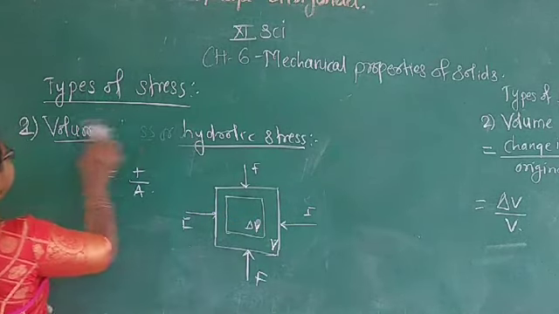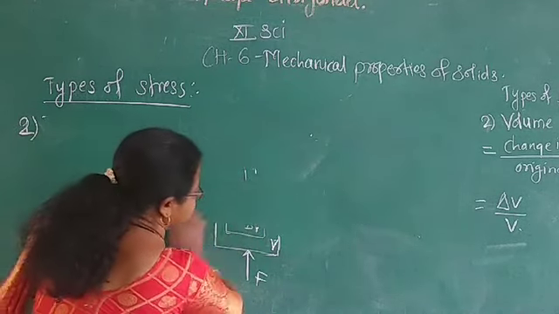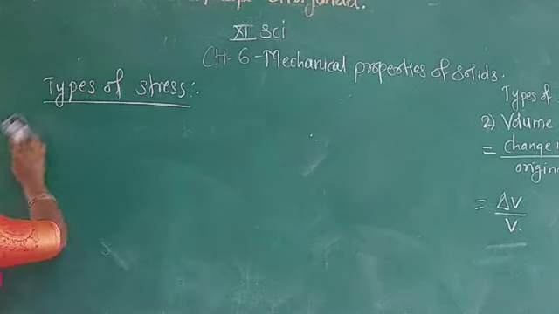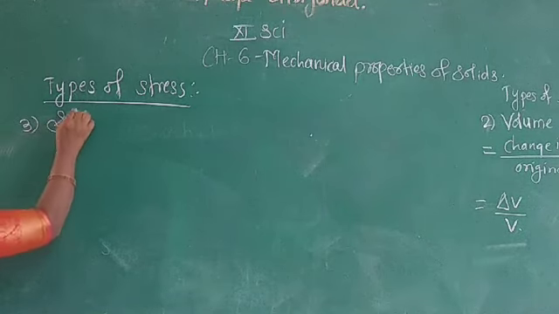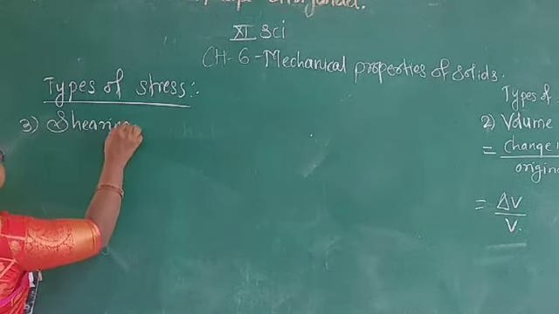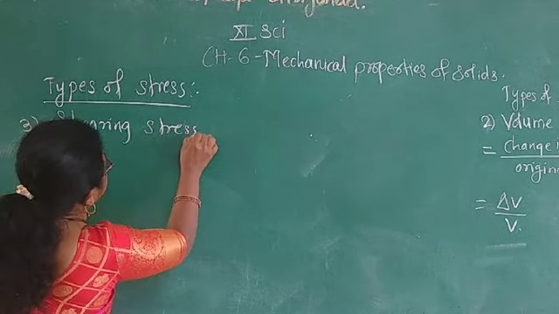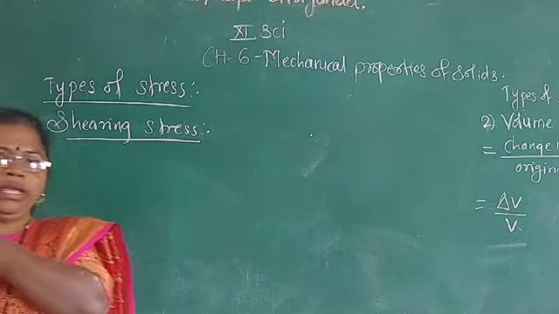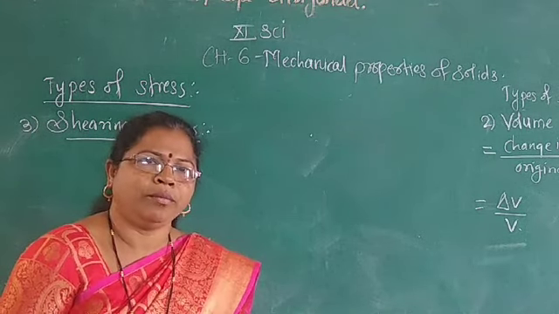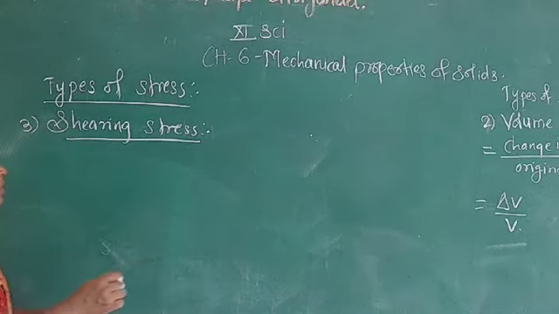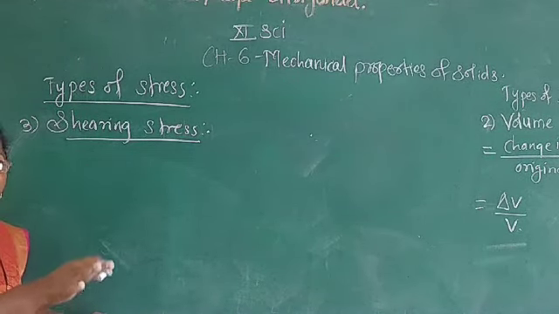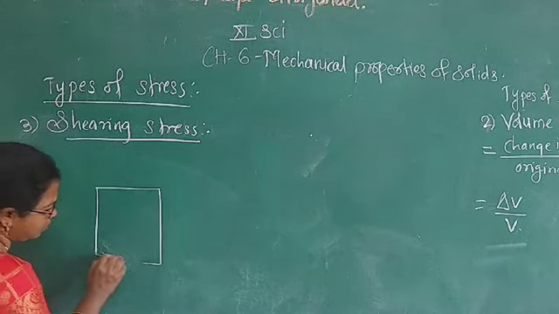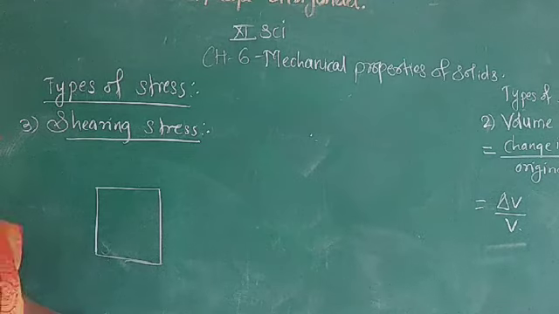Then the third one is shearing stress. What does it represent? It is when there is a change in shape of the body. In this case, the force applied on that body is parallel. That means consider a cube, the front side of a cube.